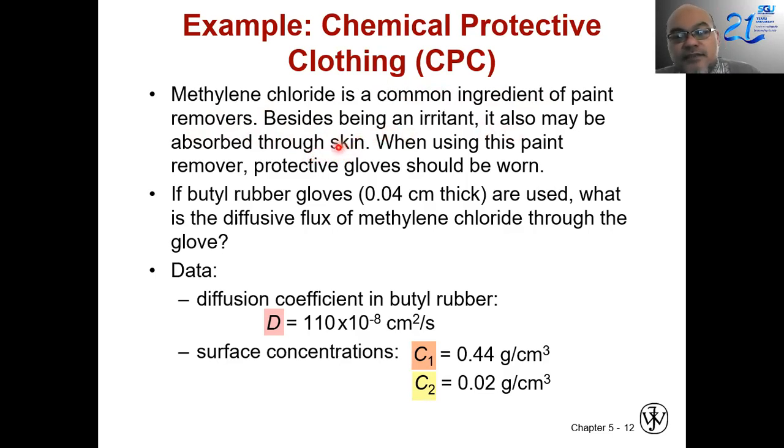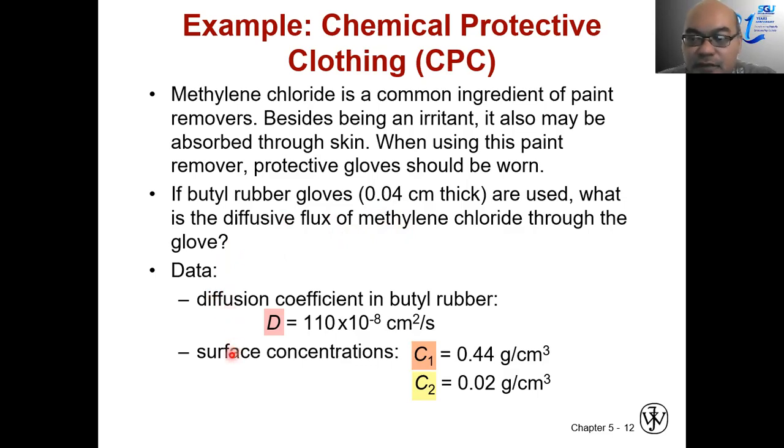When using this paint remover, protective gloves should be worn. Now, if butyl rubber gloves with 0.04 centimeter thickness, so 0.4 millimeter, are used, what will be the diffusive flux of methylene chloride through that glove?